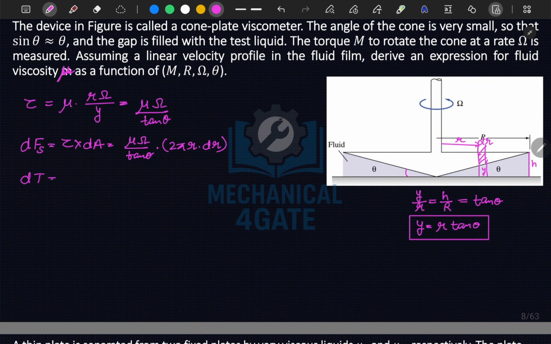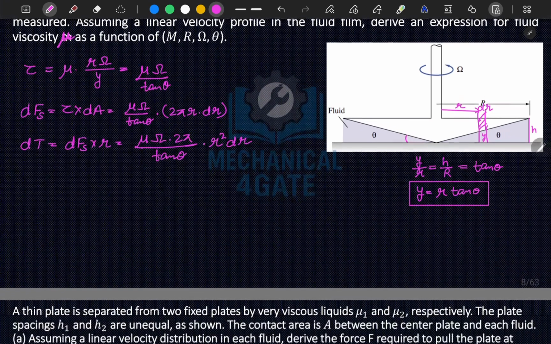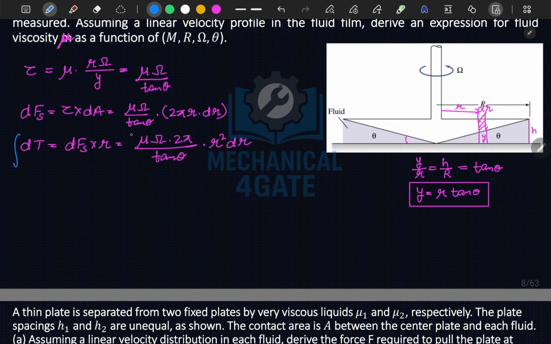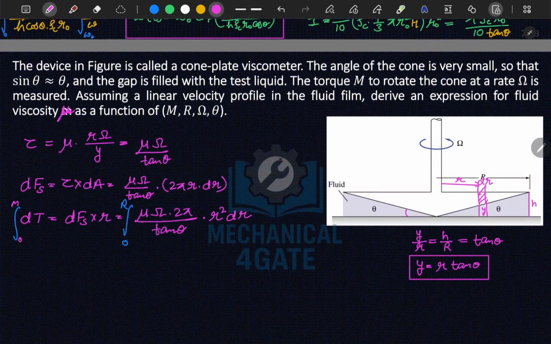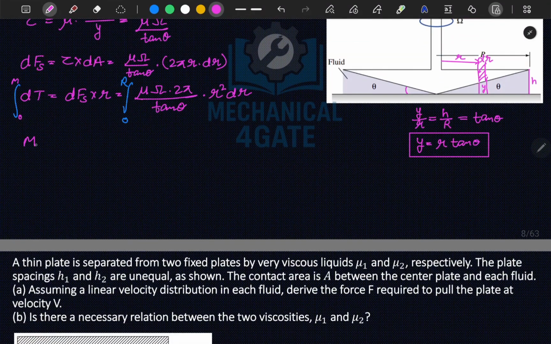Our small torque dT will be given by dFs into r, which is equal to mu omega into 2 pi by tan theta into r square dr. We integrate this to calculate our torque, with integration from 0 to capital R. If we solve this, we obtain the moment M equal to 2 by 3 pi mu omega by tan theta times R cube.